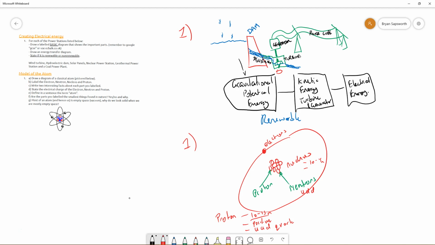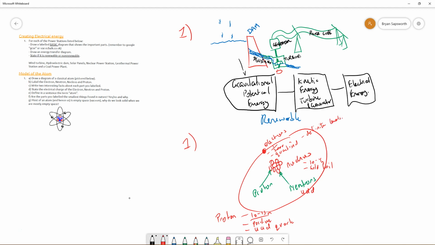It was found from the gold foil experiment by Rutherford. Okay, electrons, very small, 1/2000th of the size of the other things. The charge on it is what we call quantized, it has definite levels.